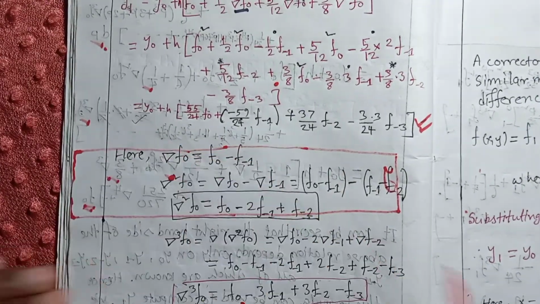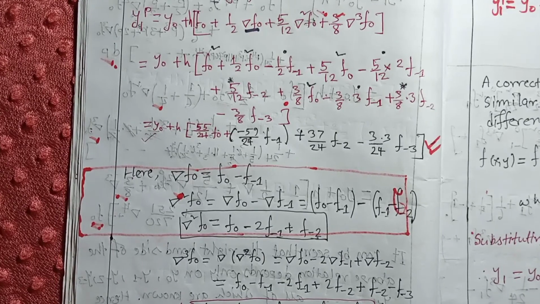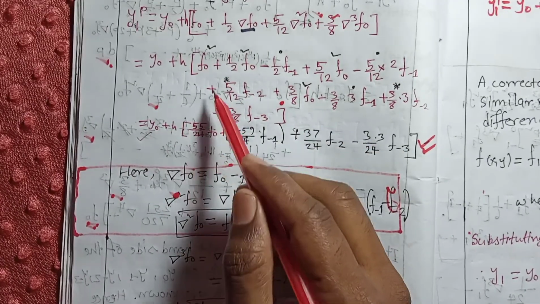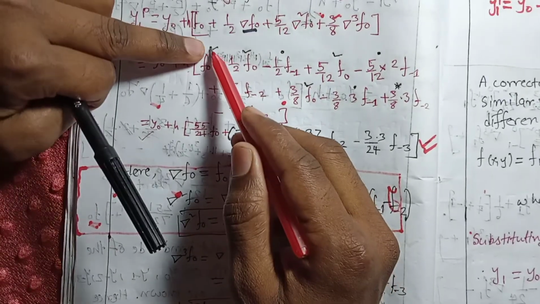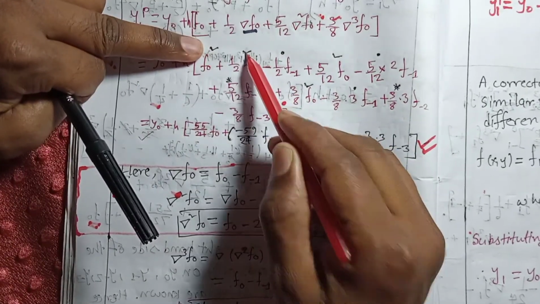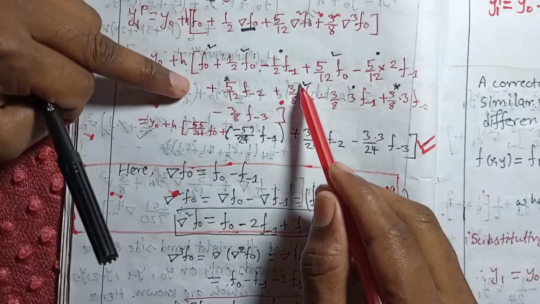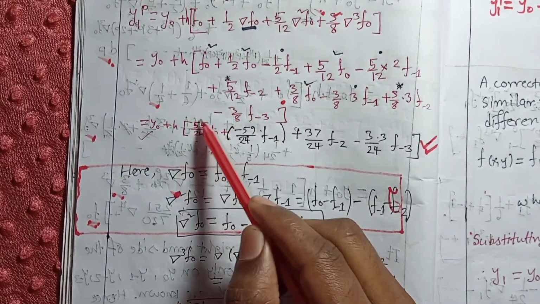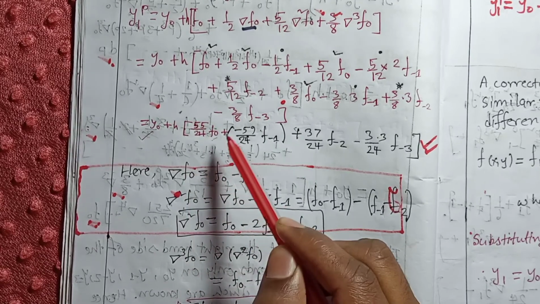y0 plus h into, collecting the coefficients of f0, we calculate and get 55 by 24 f0.